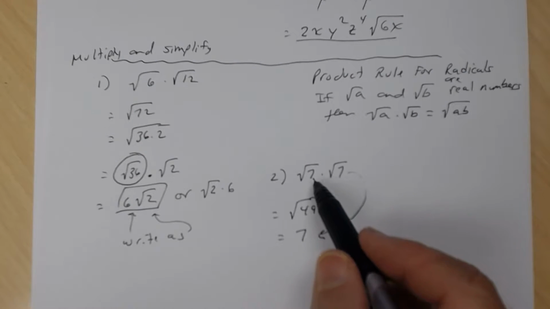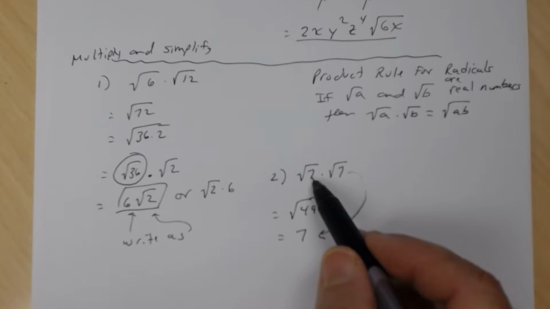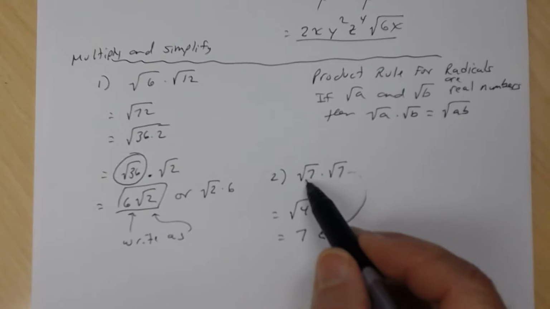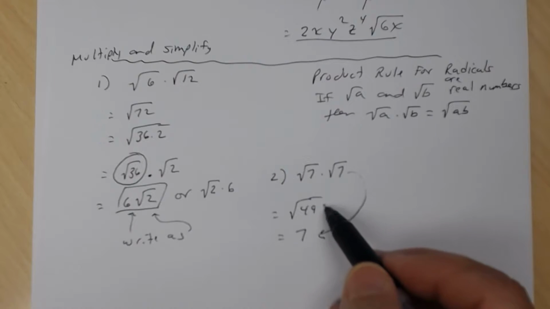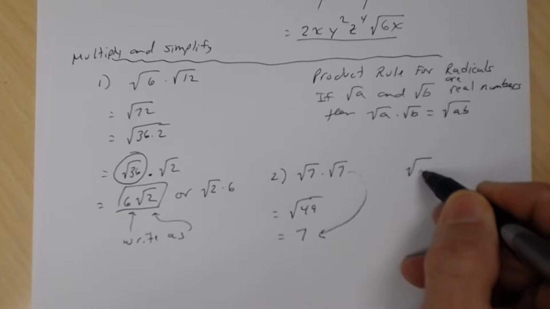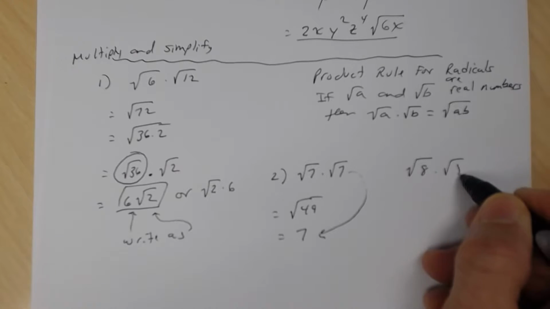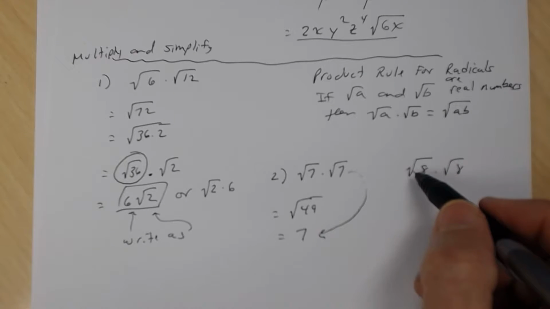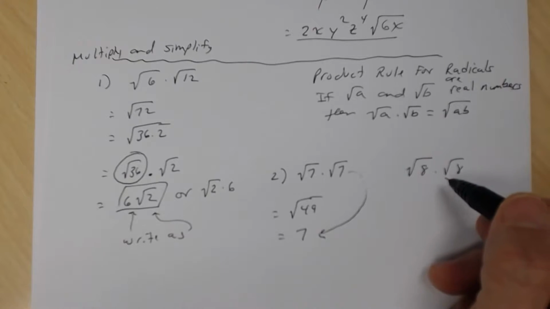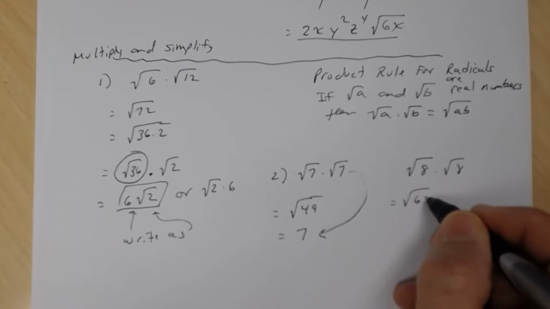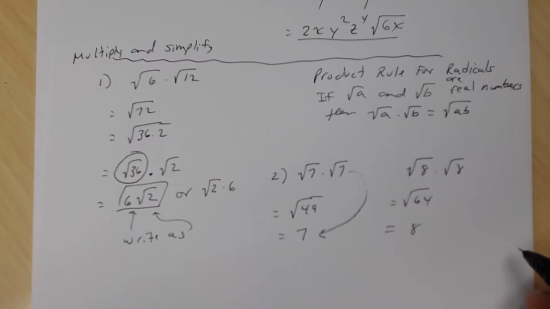When the radicands are the same real numbers, multiplying them gives a perfect square. For example, the square root of 8 times the square root of 8. 8 is not a perfect square, but 8 times 8 is 64, which is a perfect square, and the square root of 64 is 8.